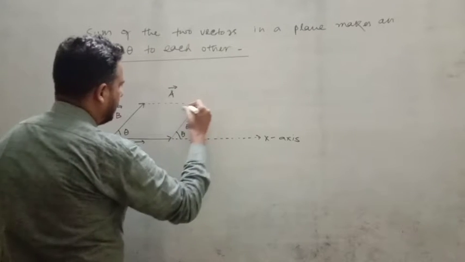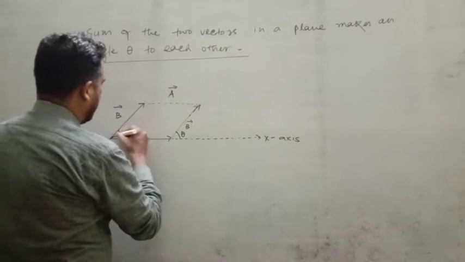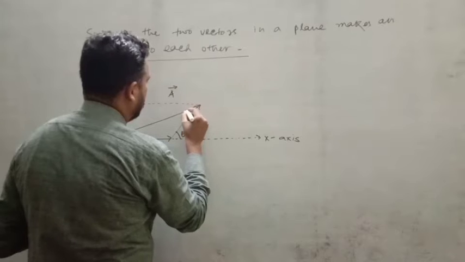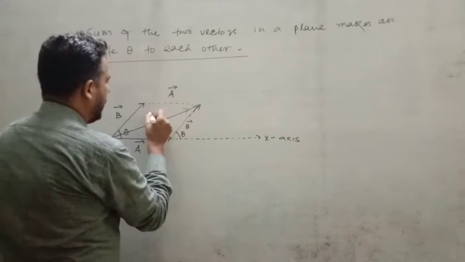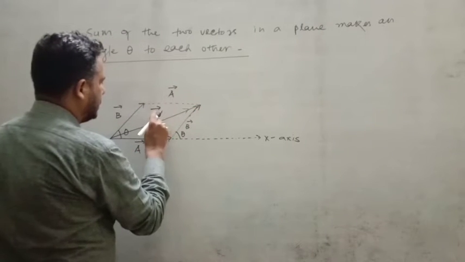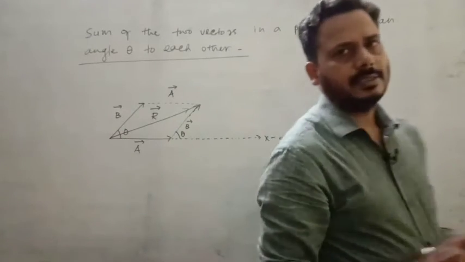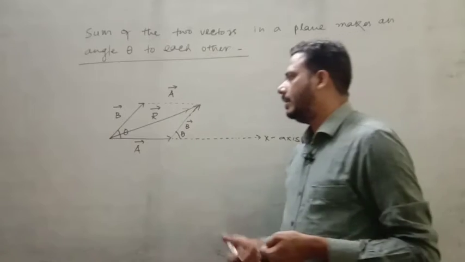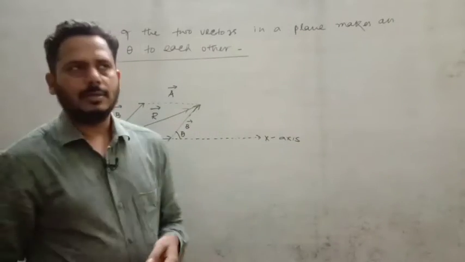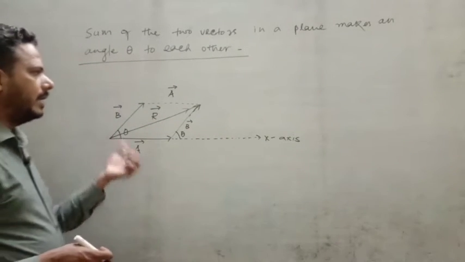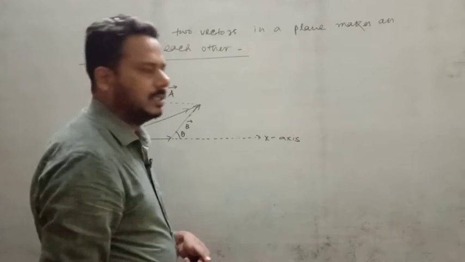So this one is your resultant vector R. Now we have to calculate this resultant in its magnitude and direction.